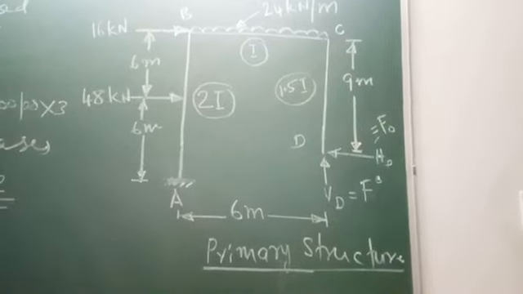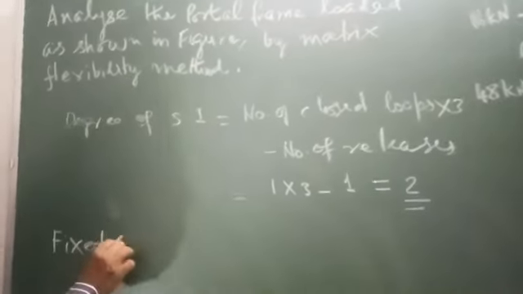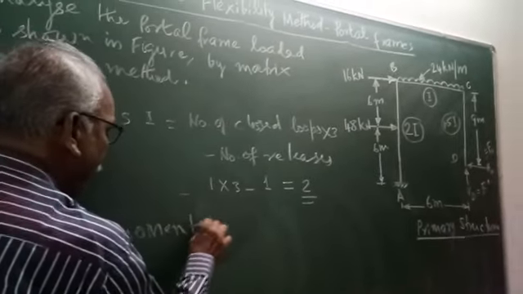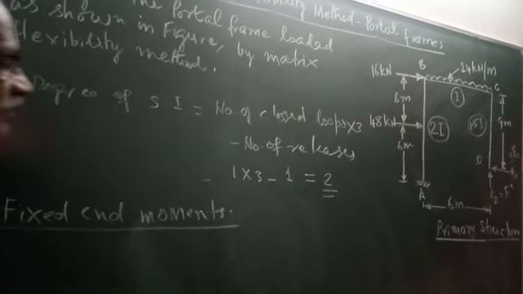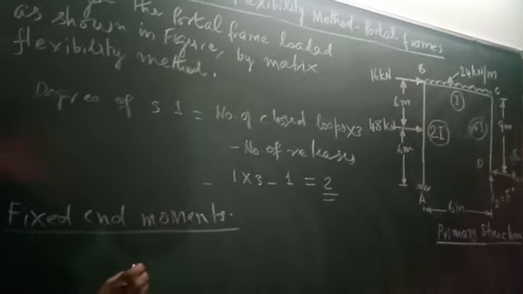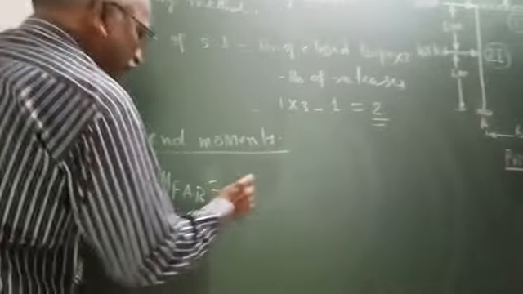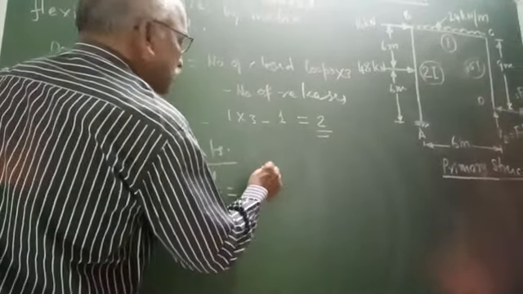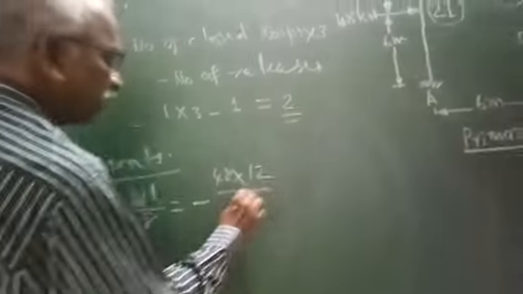After that we have to find out the fixed end moments. In span AB it is subjected to central load. So M of AB equal to minus WL by 8, equal to minus 48 into span is 12 meters, WL by 8.